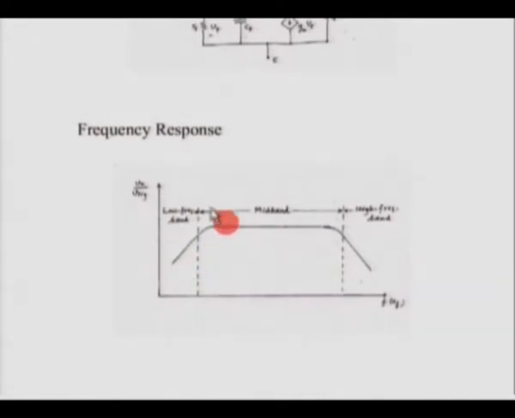Coming to the frequency response, we earlier talked about the low frequency side. We said the low frequency response is primarily due to the coupling capacitors, and the high frequency response is due to these two capacitors which we found here. If you do the analysis here, we would find that this high frequency response is like a low pass response, and typically the high frequency cutoff frequency you get for a common emitter amplifier would be definitely less than a few megahertz.